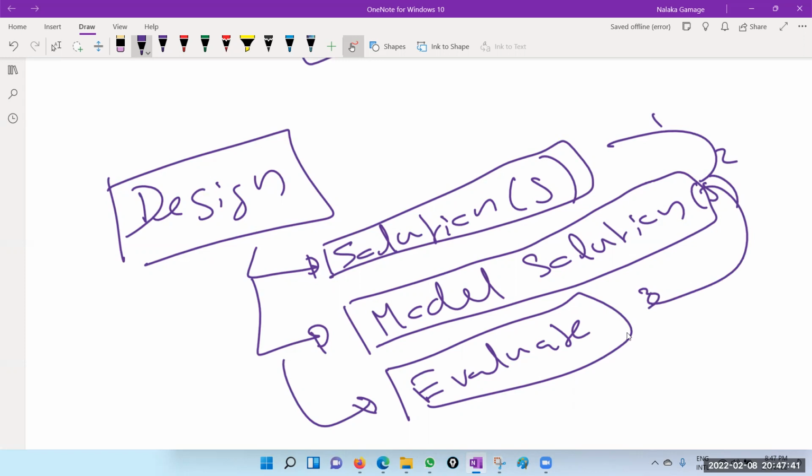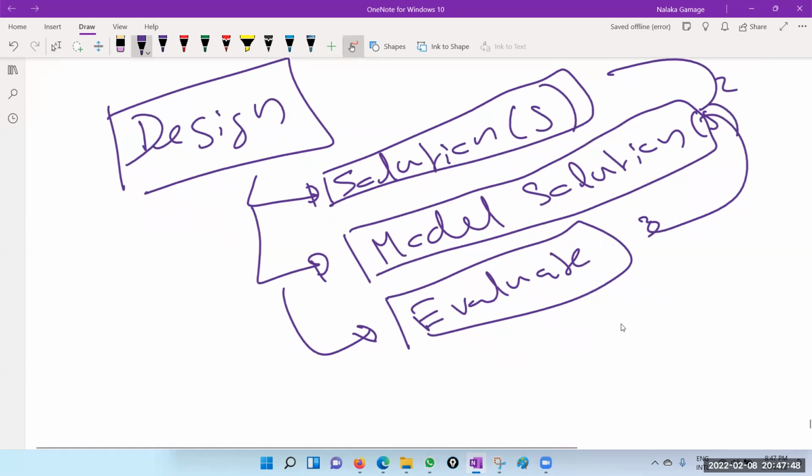Right. So the final objective is to generate many solutions, pick the best solution and model it so that the development team can understand the solution and then start developing it. So it's an evolutionary process. It's a refining process.